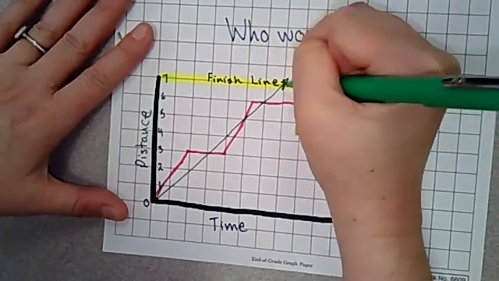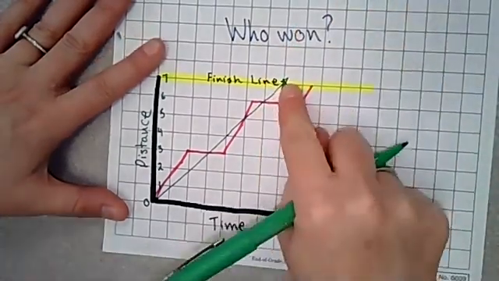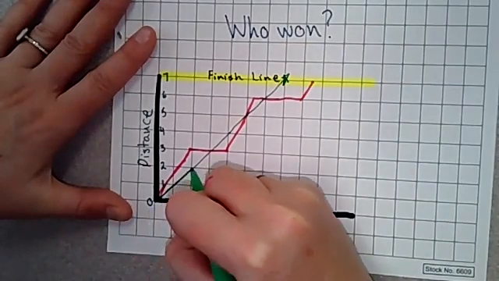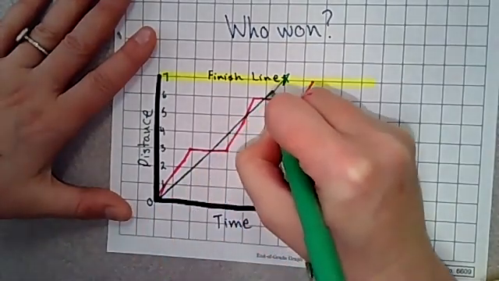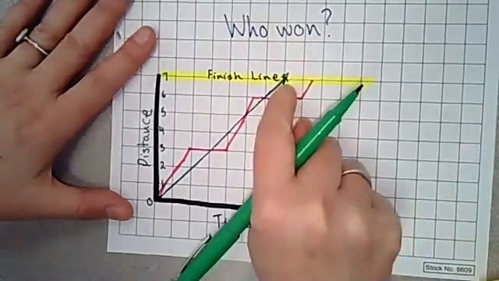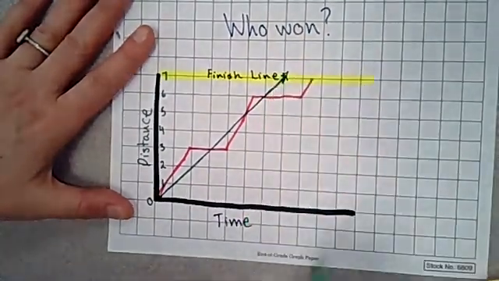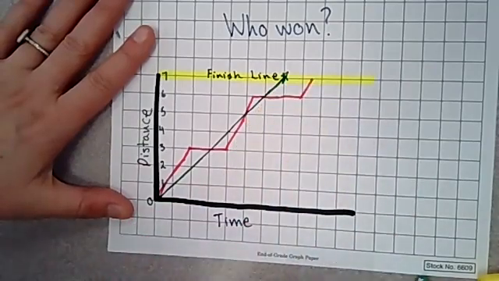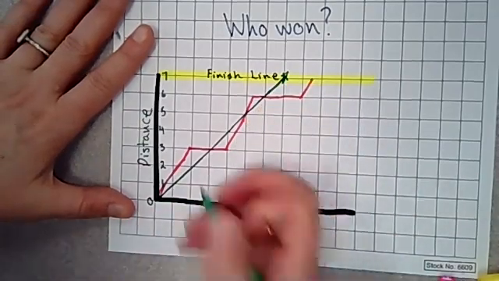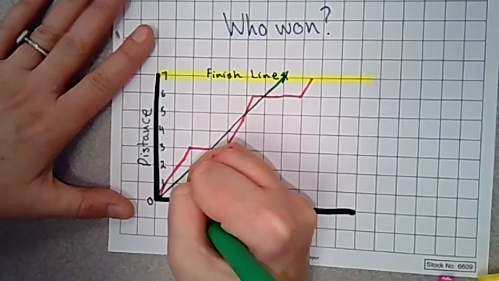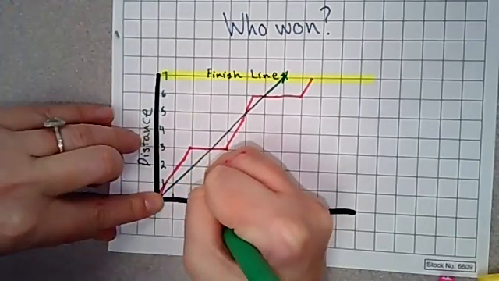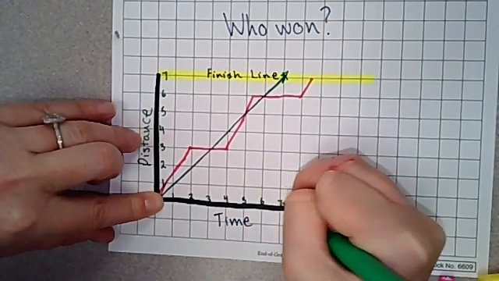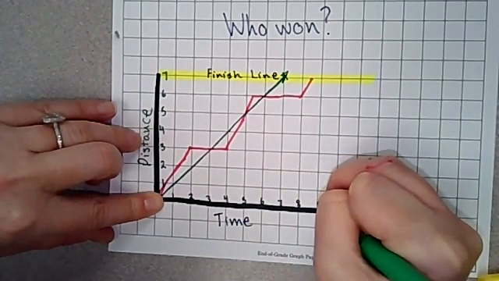So who was the winner chicken dinner? It was the turtle. Even though he didn't run in fast spurts like the hare, he finished first. Miss Ross, how do you know he finished first? It looks like they both got there, but watch. This is one hour, 2 hours, 3 hours, 4 hours, 5, 6, 7, 8, and 9.